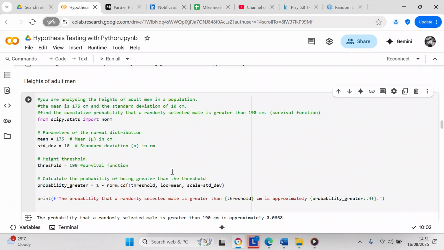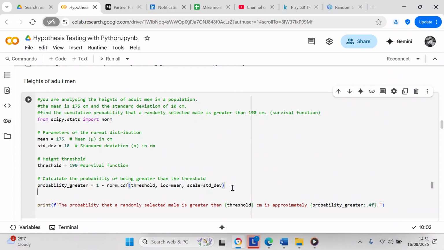Okay, so we're going to calculate the probability of being greater than the threshold. Probability greater equals 1 minus norm.cdf, and the threshold is 190, loc is the mean of 175, and scale is the standard deviation.